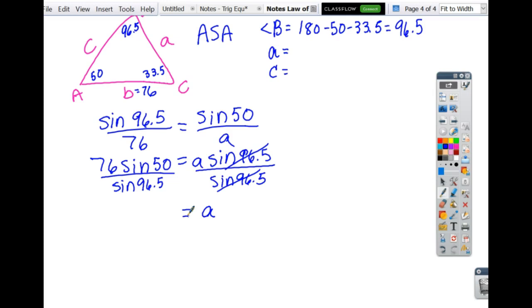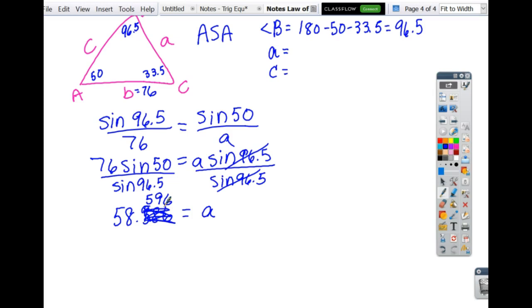Did anybody else get that? She got 9.86. There it is. All right. So now we have A.